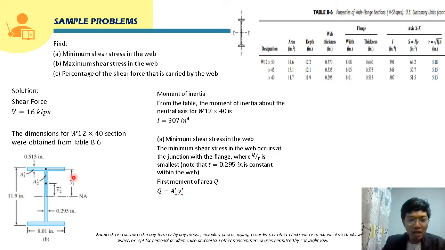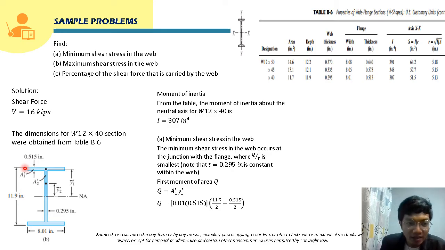Okay, so ito yung Q na kailangan natin, class. So yung A1 prime natin, class, yan yung area ng flange. Itong flange na to. So ano yung area ng flange natin, class? Yan ay 8.01 yung base, tas yung height, which is yung thickness, 0.515.